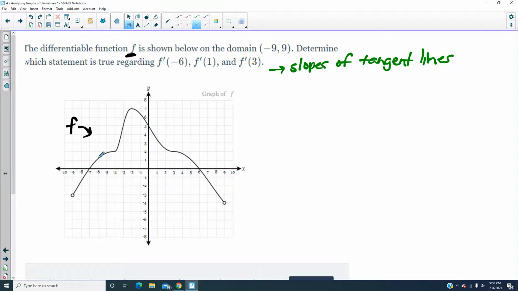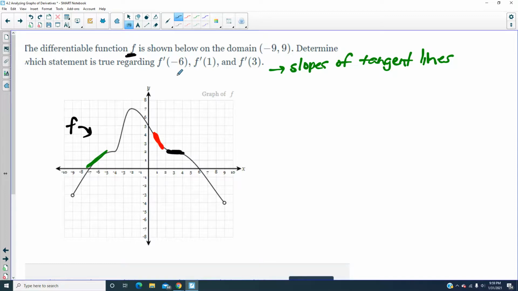Right here, it looks like there's a positive slope. At x equals 1, it looks like we would have a negative slope if we were to sketch in a tangent line. And then at x equals 3, that looks like it would be about 0. The slope would be pretty close to 0.